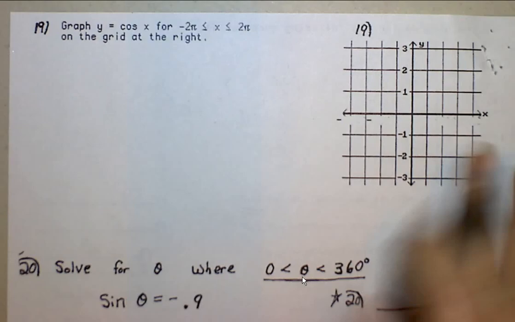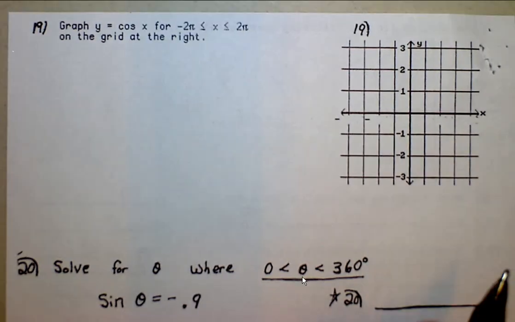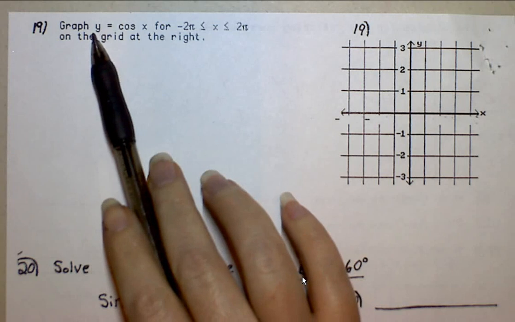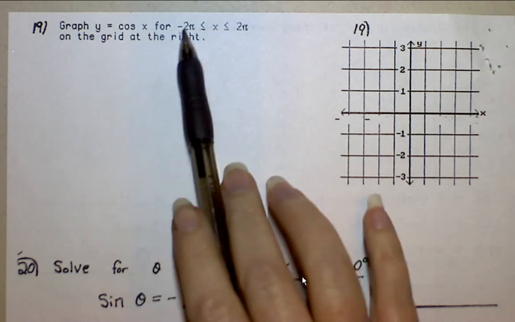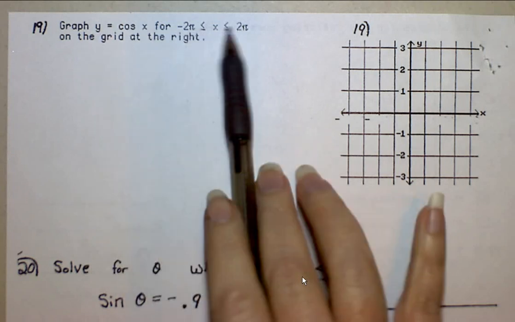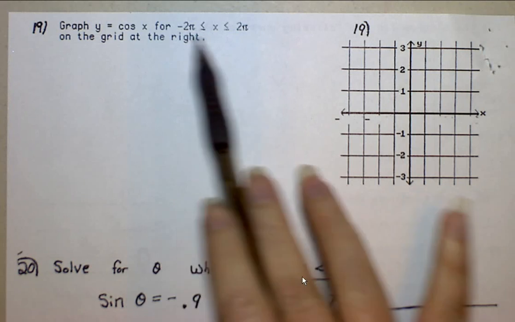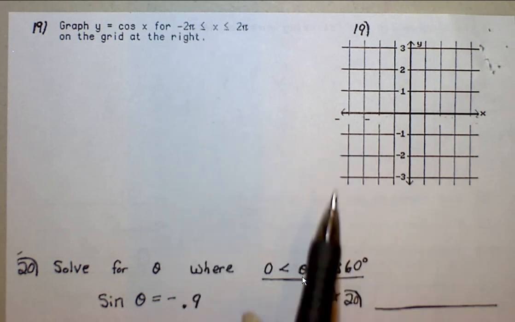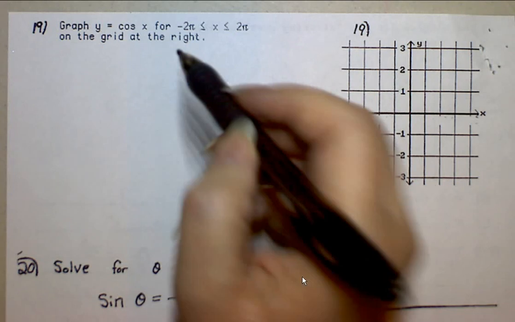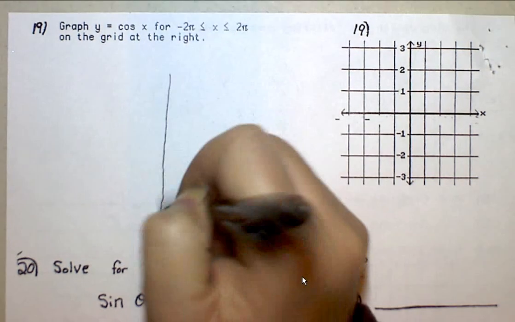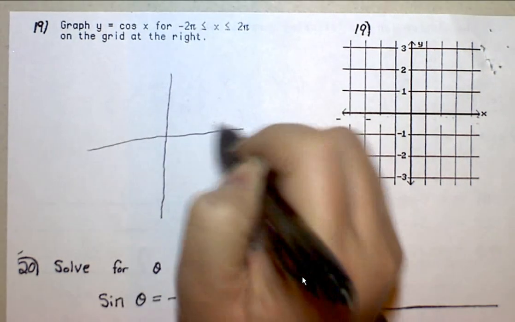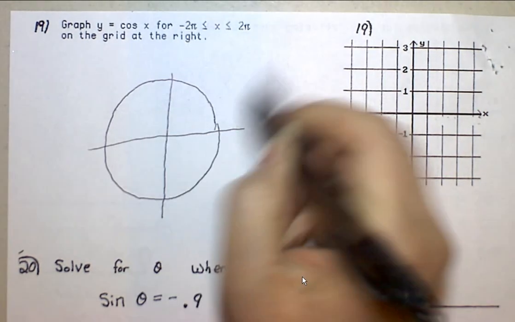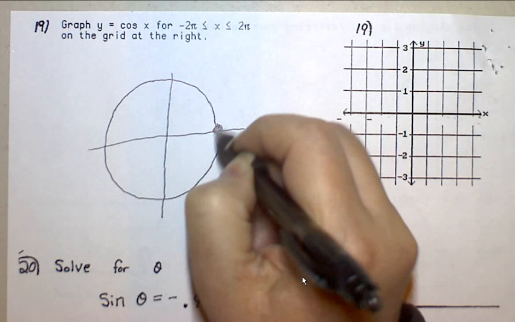Number 19. It says to graph y equals cosine x for negative 2 pi to 2 pi. So what it wants you to do is graph in radians. Since you're doing cosine, I would draw my unit circle. And remember, this point right there is 1, 0.